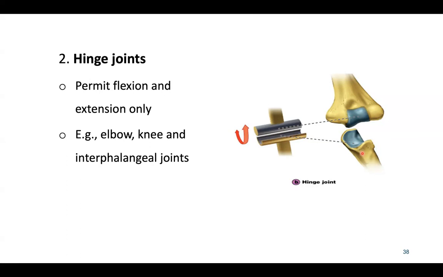For example, the elbow is a hinge joint. It only allows flexion and extension. Interphalangeal joints in our hand and in our foot are also hinge joints, and the knee is also a hinge joint. All these joints are uniaxial, and they only allow flexion and extension.